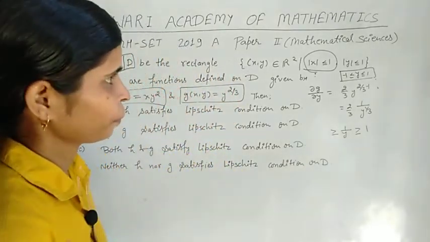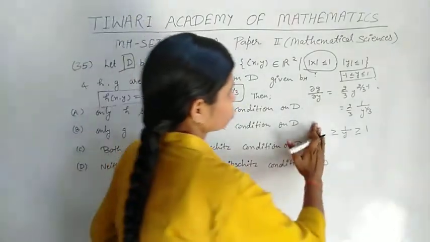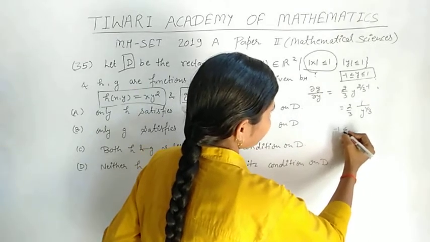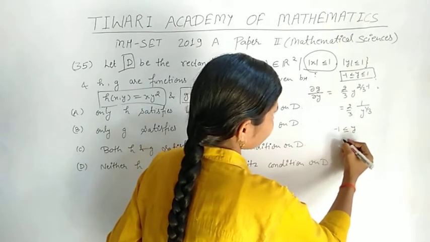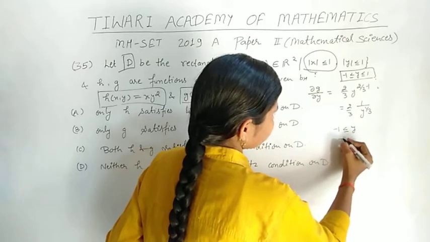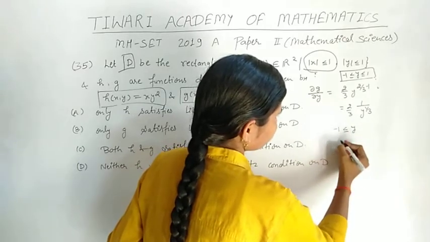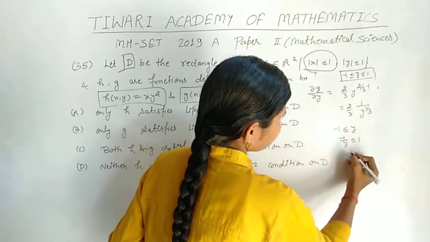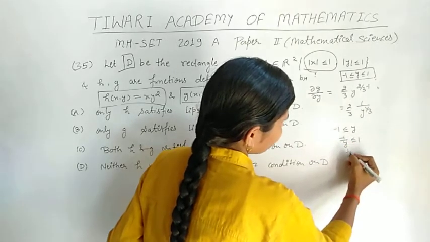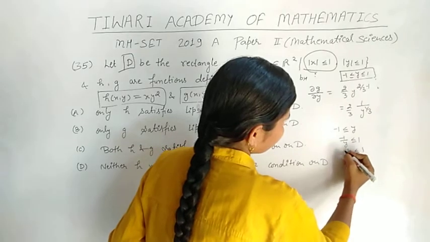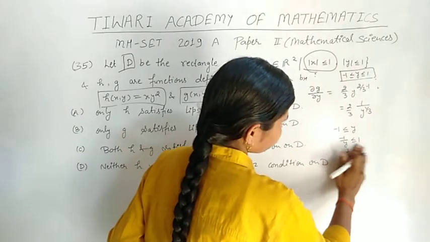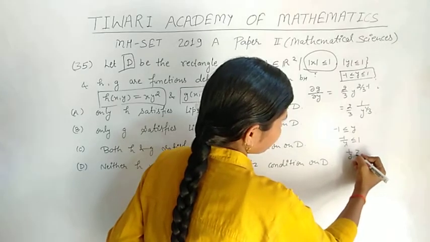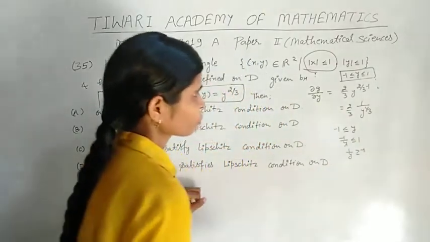Reciprocal. Sorry, in separate form, right: -1 less than or equal to y, reciprocal, -1/y less than or equal to 1, 1 less than or equal to 1. If we multiply by -1, then this value is 1/y greater than or equal to -1.